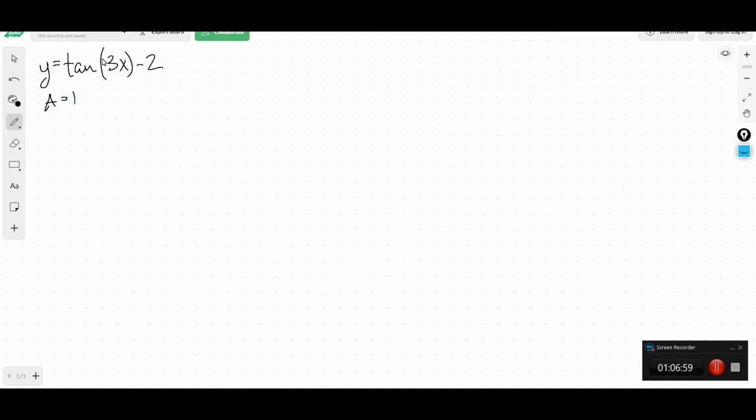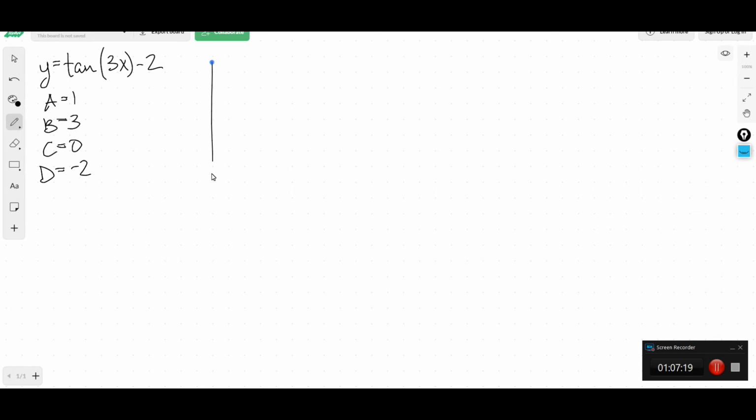If there was 0, this part wouldn't exist. It would just be 0. And let's see, b equals 3. C, there's nothing being added or subtracted, so it's 0. And then d is negative 2. That c is going to help us out. It's going to make things a little bit easier.